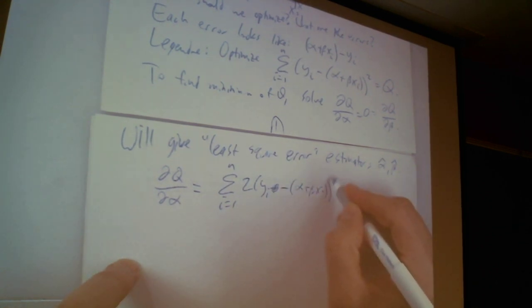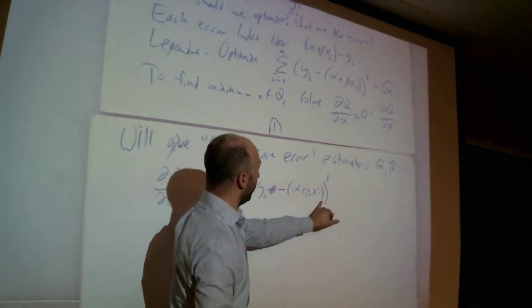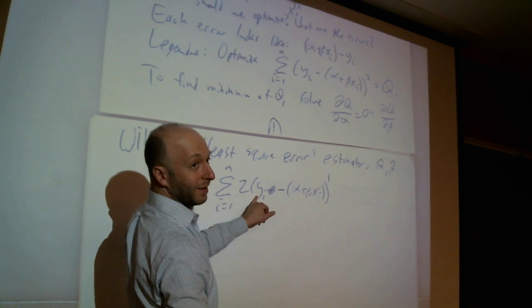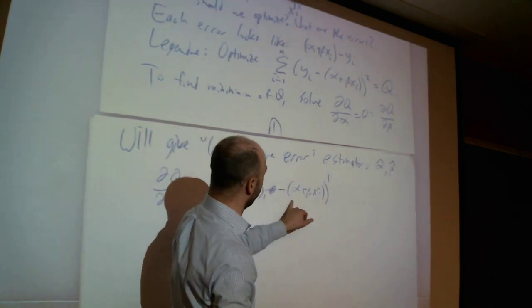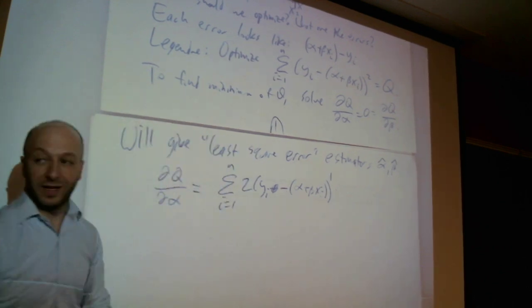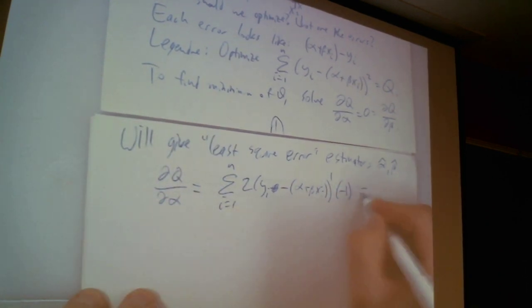The square is now a first power. And I need a chain rule. The derivative of this with respect to alpha is -1. The only place it appears is here. So the chain rule term is -1, and I'm going to set this equal to 0.